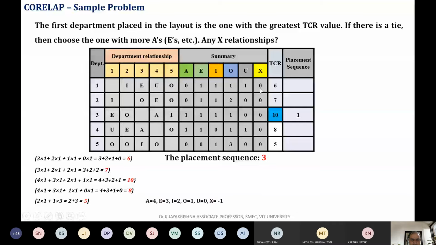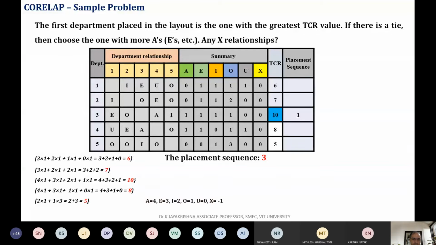Okay. Similarly, 4 into 0 plus 3 into 1 plus 2 into 1 plus 1 into 2 plus 0 into 0 plus -1 into 0 will give me 7. Similarly, 4 into 1 plus 3 into 1 plus 2 into 1 plus 1 into 1 plus 0 into 0 plus -1 into 0 will give me 10.